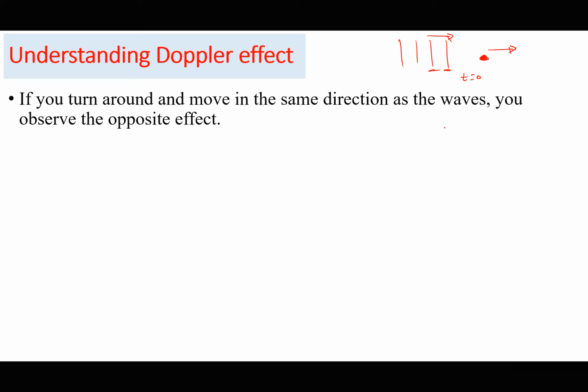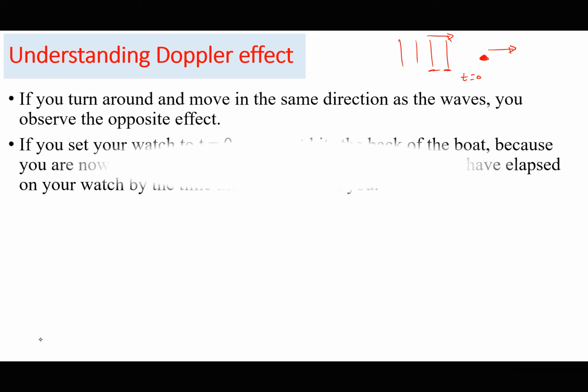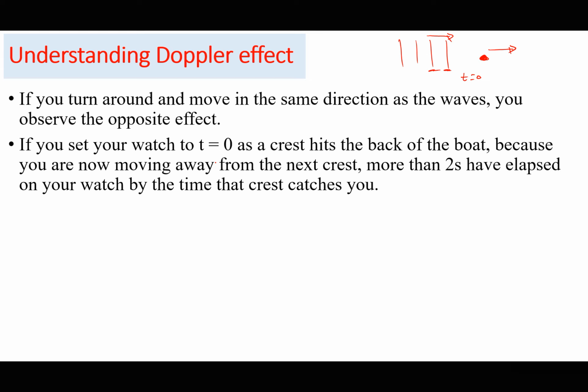If you set your watch at t equals 0 as the first crest hits the back of the boat, because you are now moving away from the next crest, more than 2 seconds will have elapsed on your watch by the time that crest catches you.